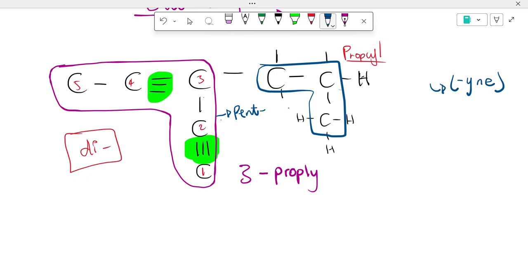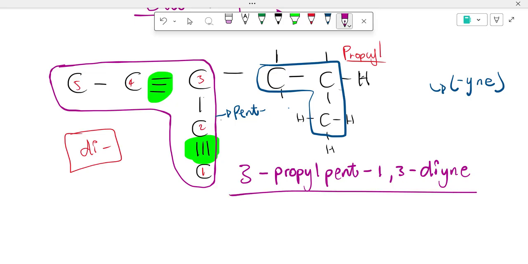So this is 3-propylpent-1,3-diyne. And that's the name.